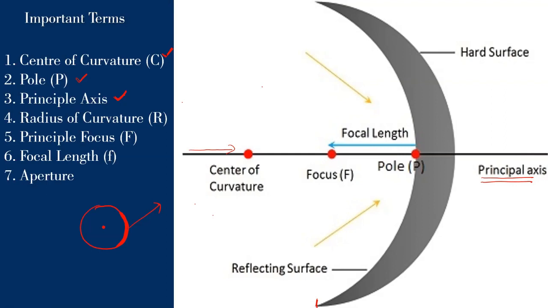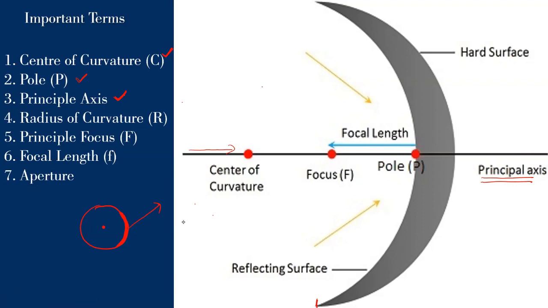Okay, next we have radius of curvature. Now, what is the radius of a circle? Radius of a circle is the distance between the center and any point on the circle, right? So over here also, a spherical mirror is a part of a sphere, so the sphere will also have a radius, right? Yes or no?